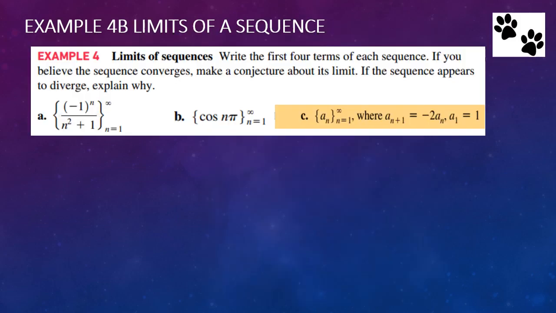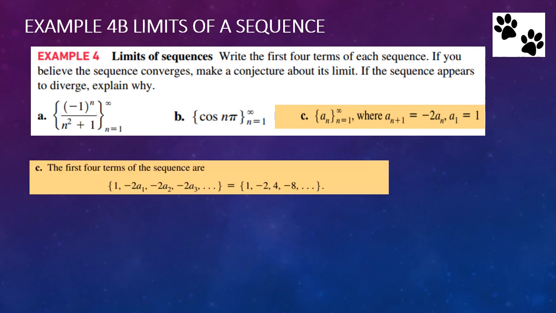So now let's look at our last example, C, where we have a sub n equals negative 2 a sub n minus 1, and a sub 1 equals 1. Again, hit pause, find the first four members, and see if you think it's converging or diverging. So here we get 1, negative 2, 4, negative 8.